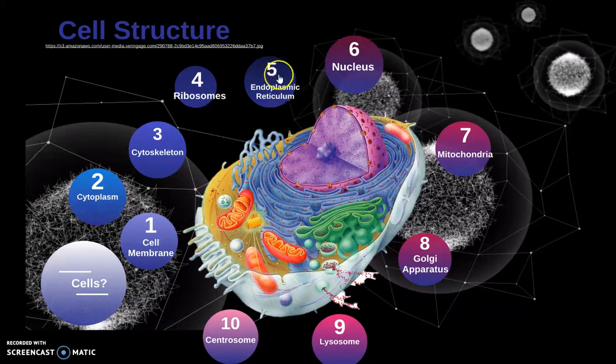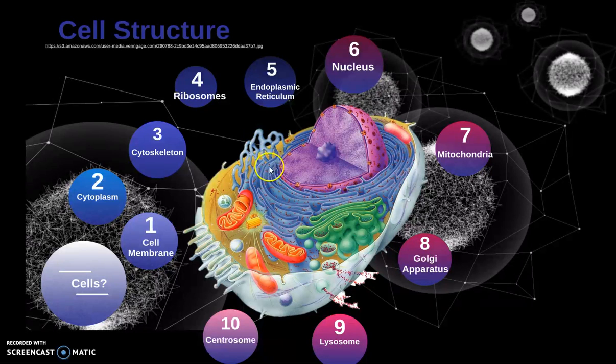Now we'll go to the endoplasmic reticulum. The endoplasmic reticulum is all this blue, all this up here, all this around. Everything that's surrounding the nucleus here is our endoplasmic reticulum. And this is where proteins and lipids and other components of the cell are assembled. Now, the rough ER, if you look here, these are both part of the endoplasmic reticulum.